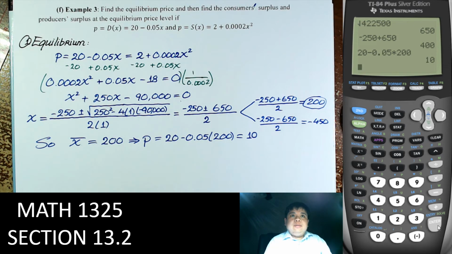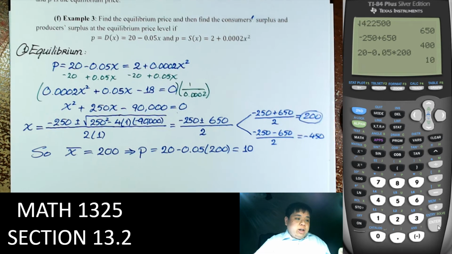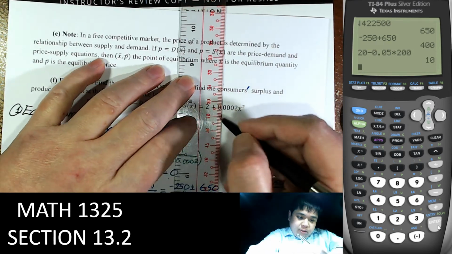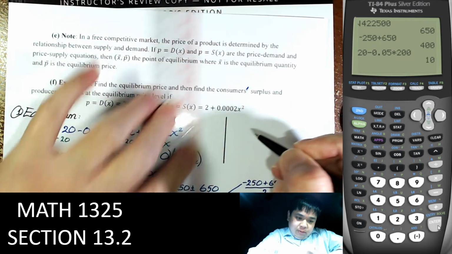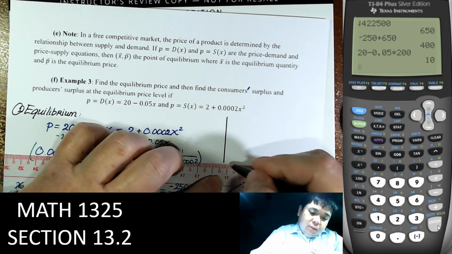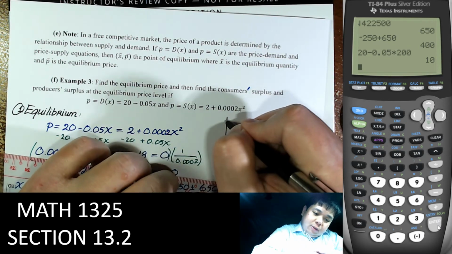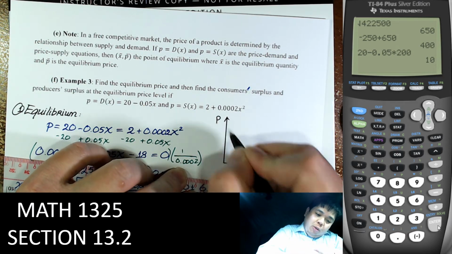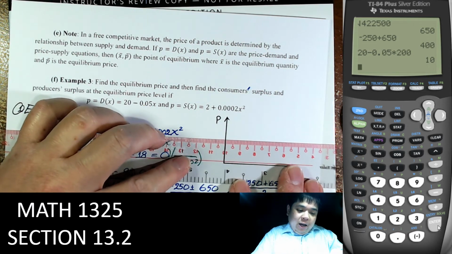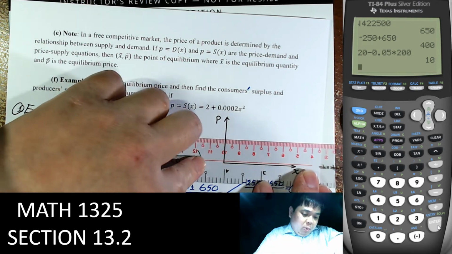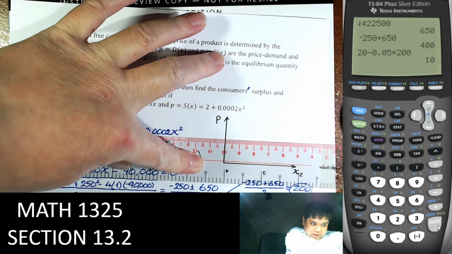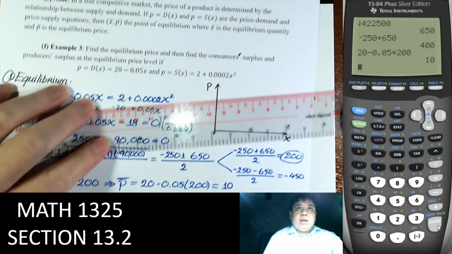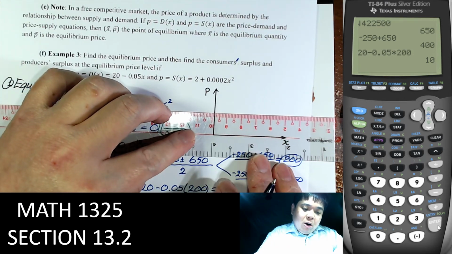Right, so now with that we can draw a little sketch. Quantity, price, and equilibrium price. This would be P bar. Equilibrium price P bar is equal to 10.